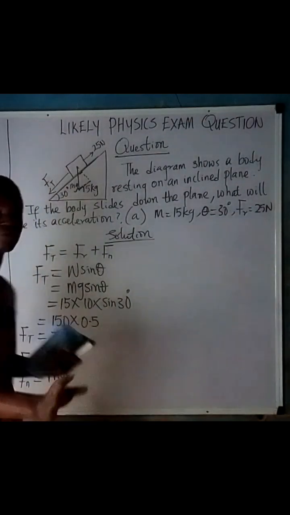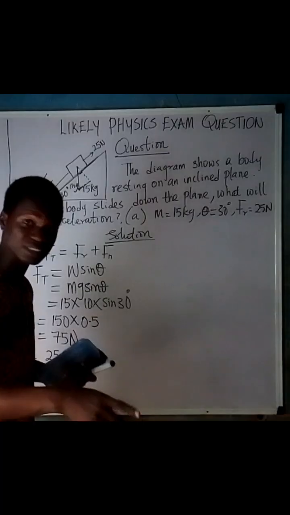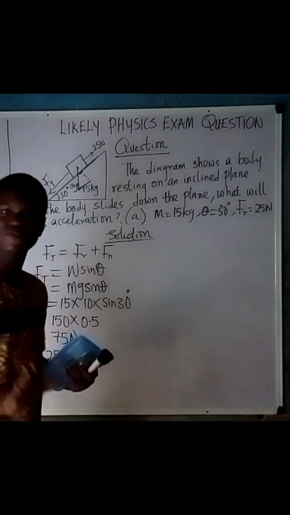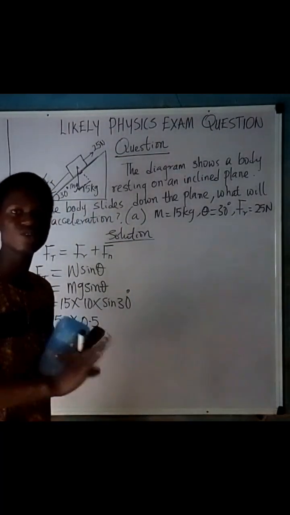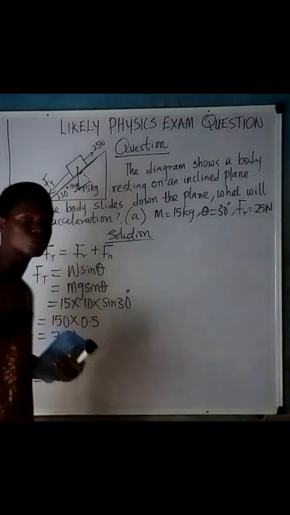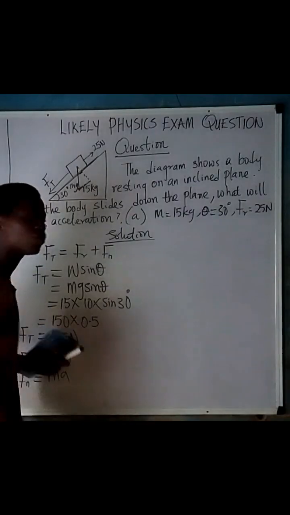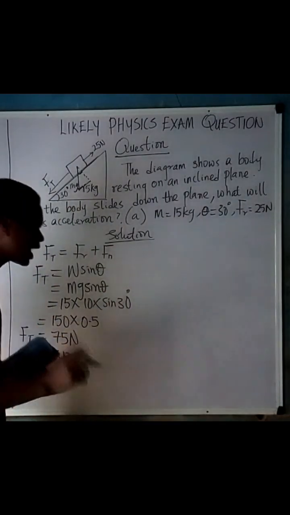Frictional force has its own formula. We know it to be what? Mu times capital N. Is it not? Same way net force is MA. So different types of force have different formulas. So that formula you have been hearing all through secondary school, mass times acceleration, take note, it's specifically for net force.